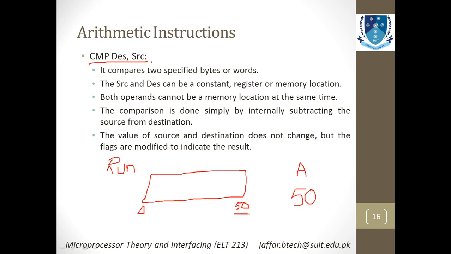So for that you can use this command. Actually, you will have to compare the source. This is the source, let's say, and this is your destination where you want to reach. So it will continuously perform the comparison after every over. After every over, it will compare this data to this data.